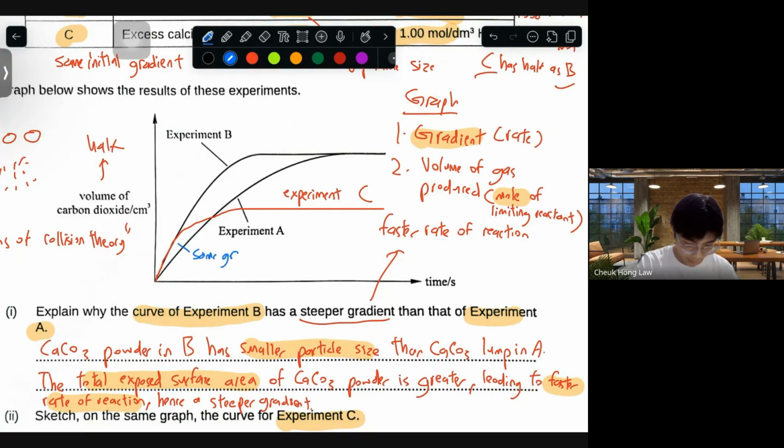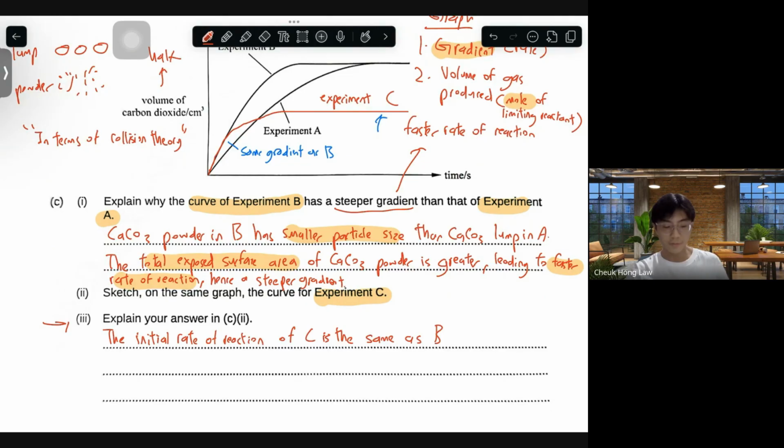Same gradient as B. And then make sure the volume of product formed is half compared to B. So this is B and this is C, half. Initial rate of reaction is the same when you compare C and B because they both use calcium carbonate powder, which has the same particle size.